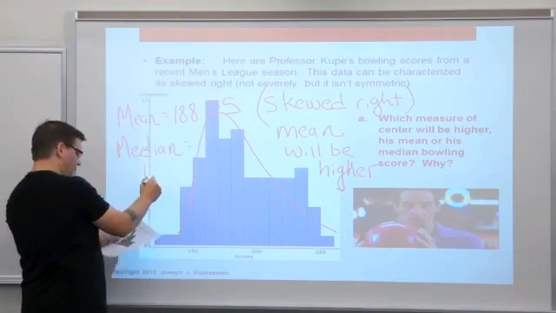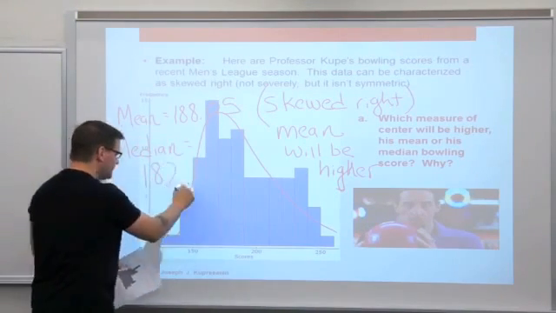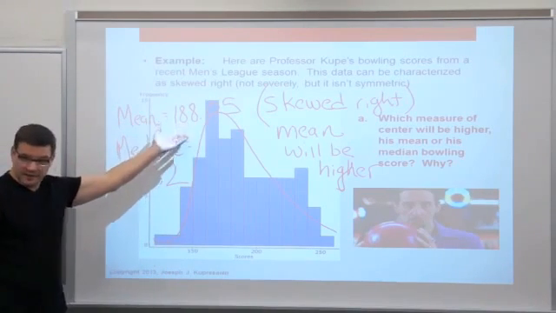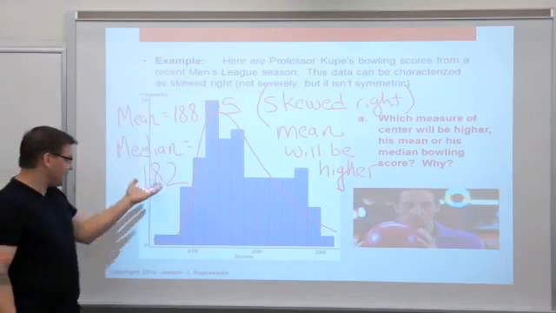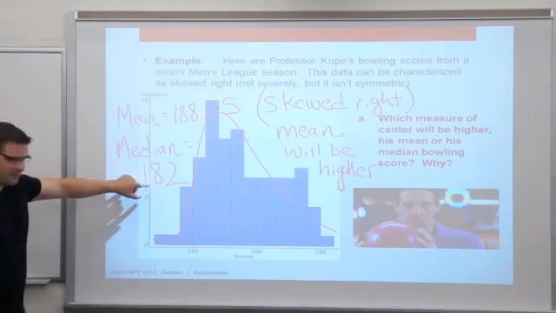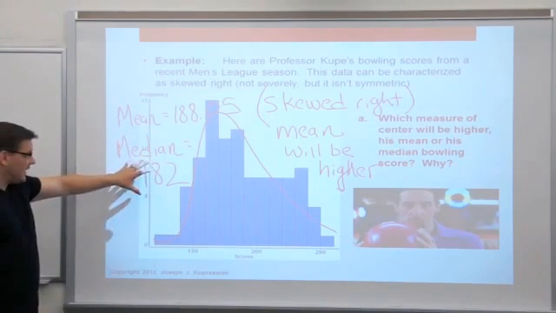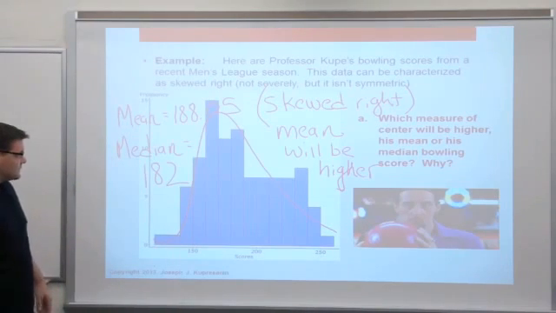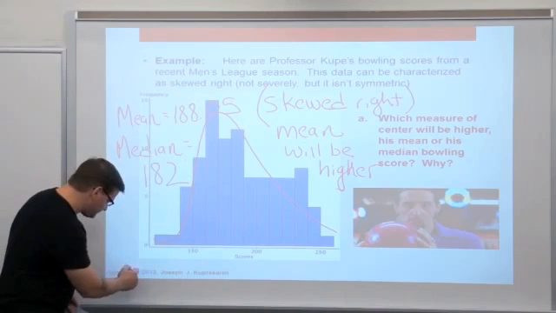Median bowling score that year was 182. And so when I'm talking with my friends, clearly I'll tell them my mean is 188. Sounds better than the 182, but this is probably a more realistic picture of the center of my distribution of bowling scores. All right, I think there's a part B to this one.